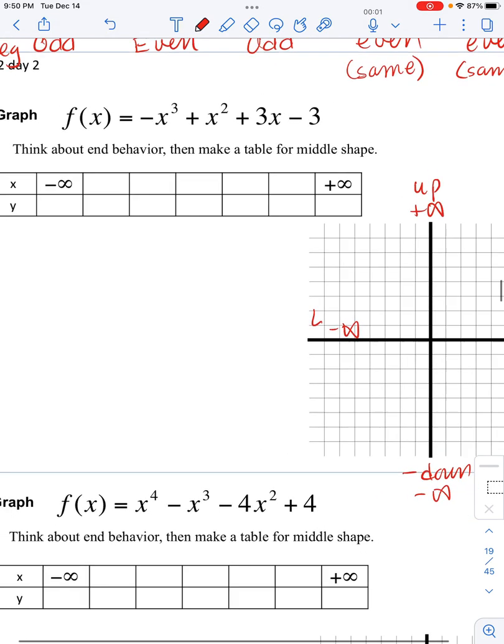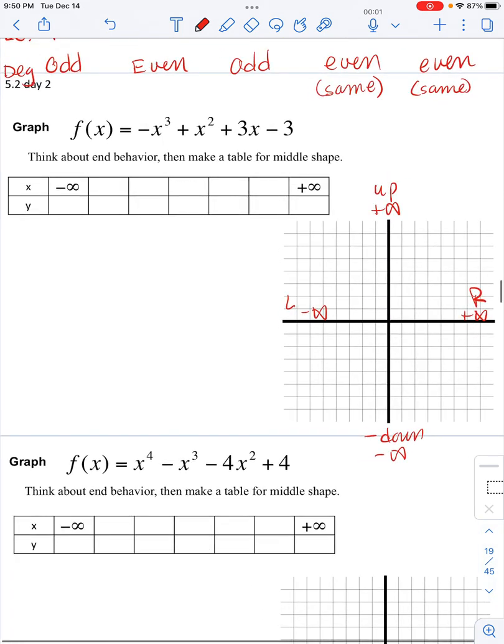So what you have to think about is when you're talking about the right end, it's going to be written in the fancy language as x approaches. So x is going this way because this is your x-axis. As x approaches positive infinity. That's what that language means.